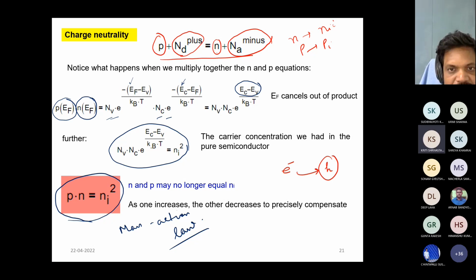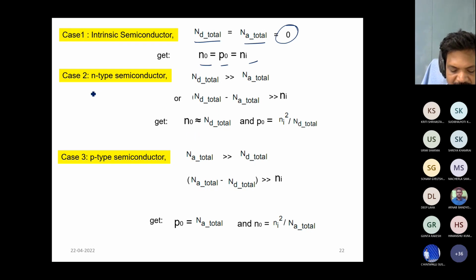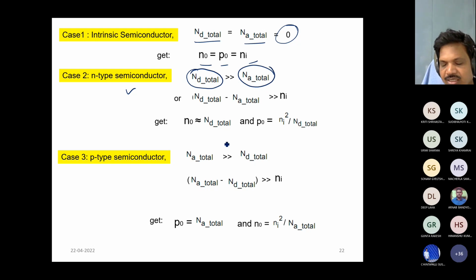Yes, sir. So then, if we consider now an intrinsic semiconductor, the external doping concentration becomes 0, then N0 P0 is equal to Ni square. Now for extrinsic N-type semiconductor, the doping concentration is more as compared to the acceptor type atoms.